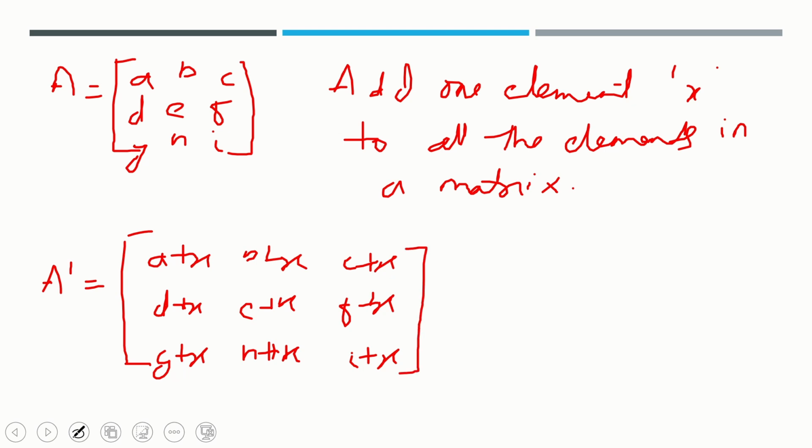I will also explain why I am denoting it A dash. So our research says that instead of adding different elements to the matrix, I will add only one element.